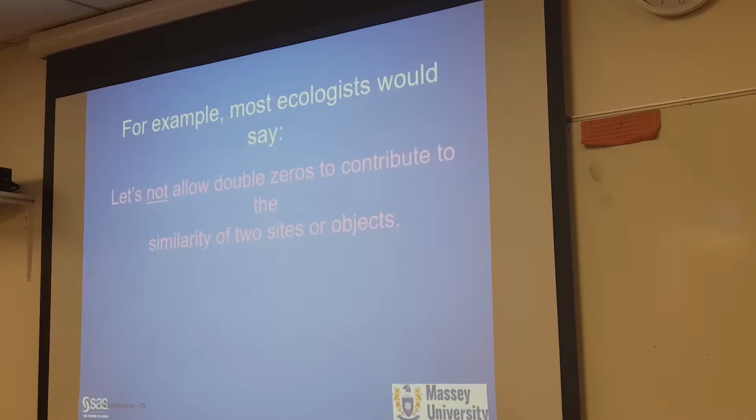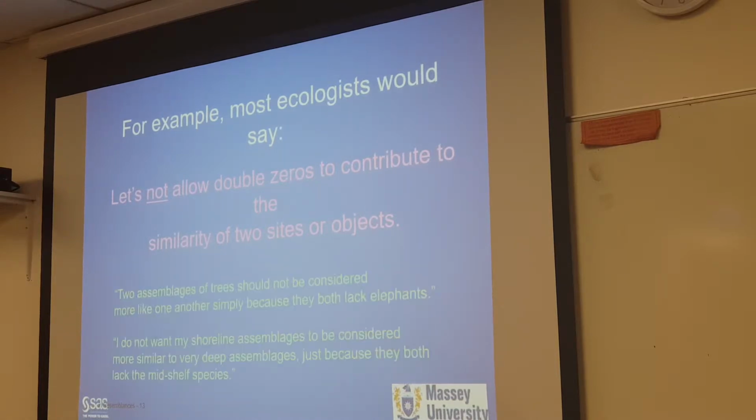I don't want to say, look, estuary 1 and estuary 2 in Auckland are a bit similar because neither of them have polar bears in them, or lions and tigers. I can go through the list of animals and make them appear very similar because they both lack all of these different animals. It doesn't make a lot of intuitive sense to do that, typically.